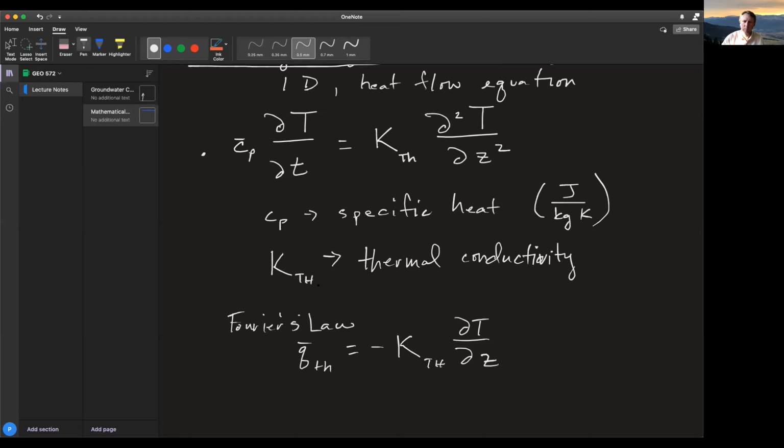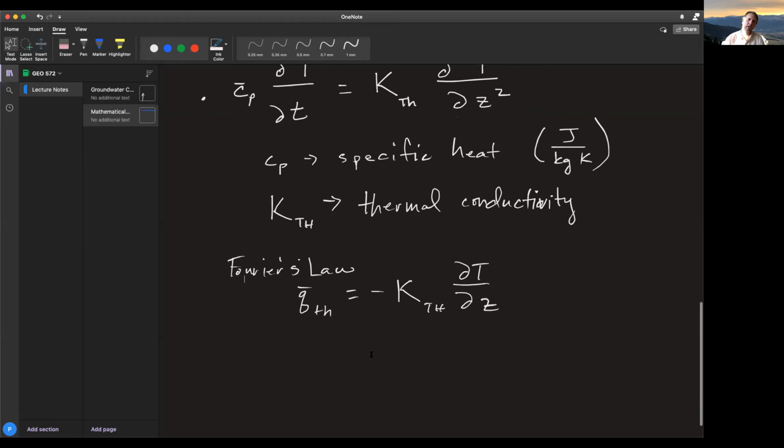Fourier's law looks a lot like another law we've already talked about, and that is Darcy's law. It's exactly the same.